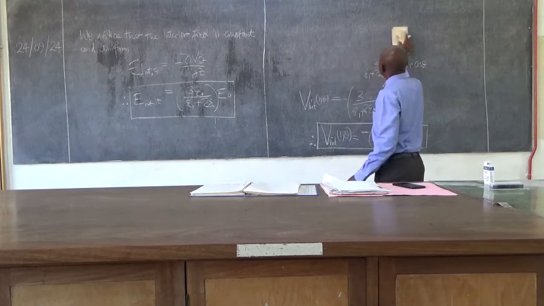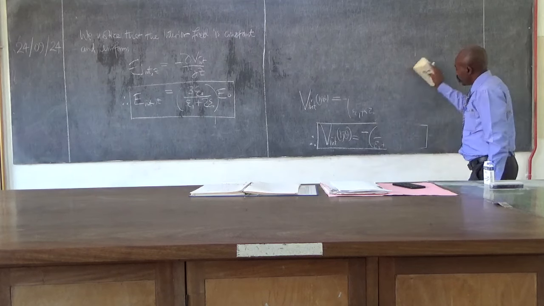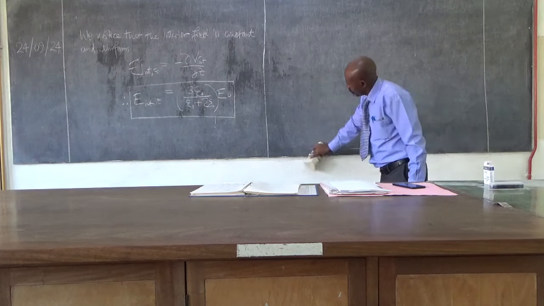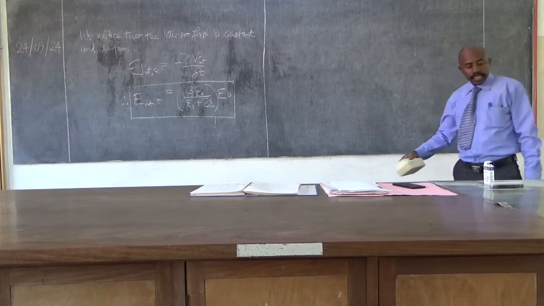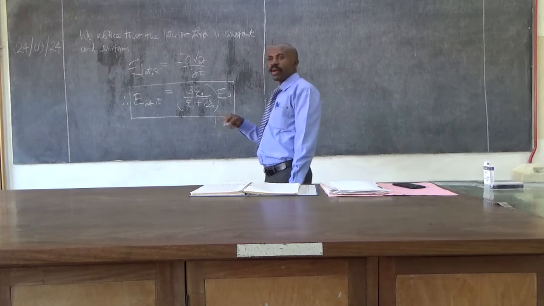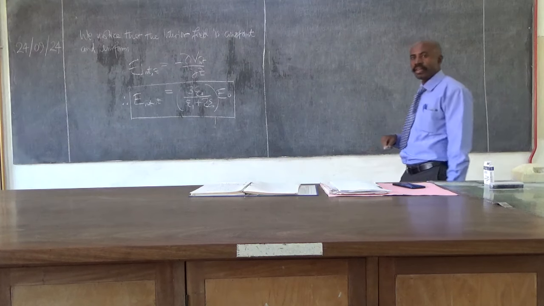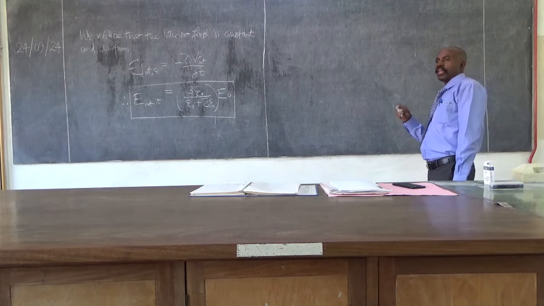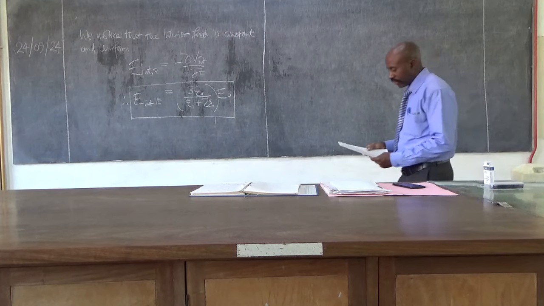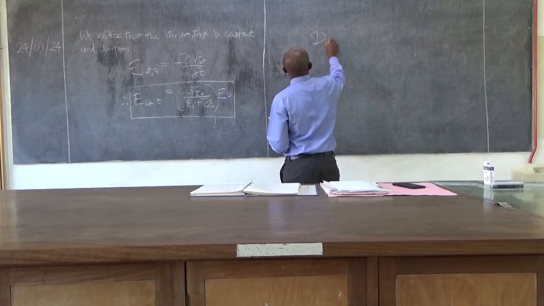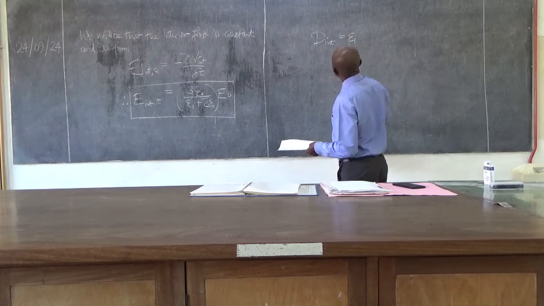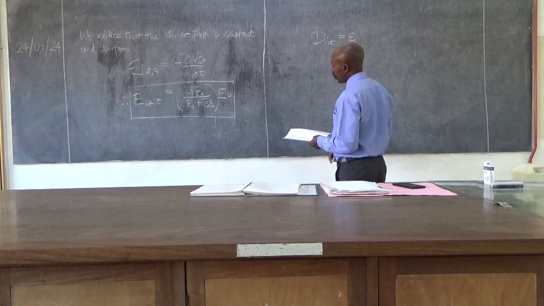So the electric displacement in the interior of the dielectric sphere would come from D interior being the same as epsilon 1 E interior, because epsilon 1 is the permittivity of the dielectric sphere.